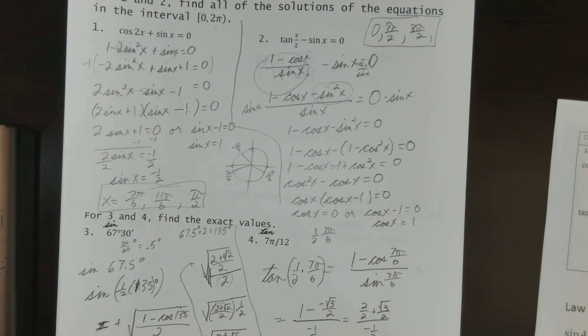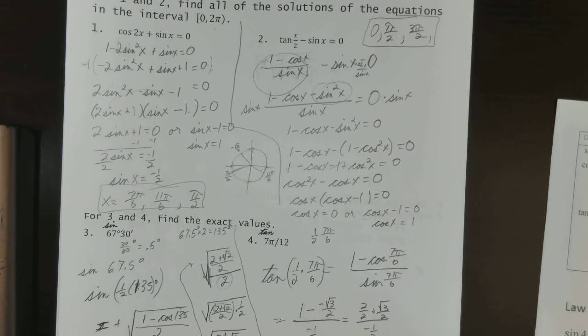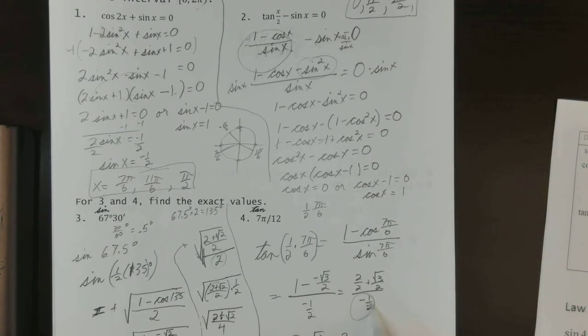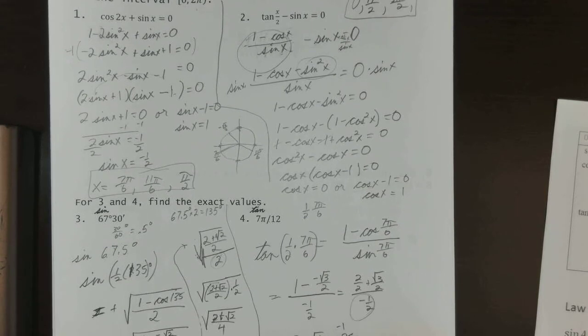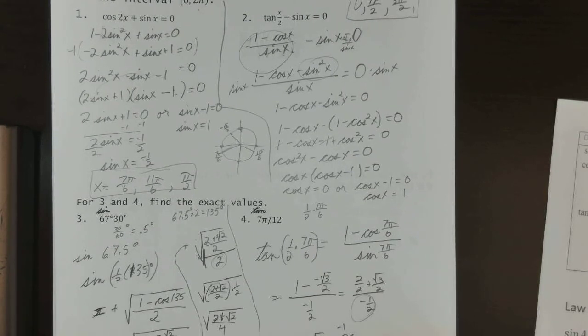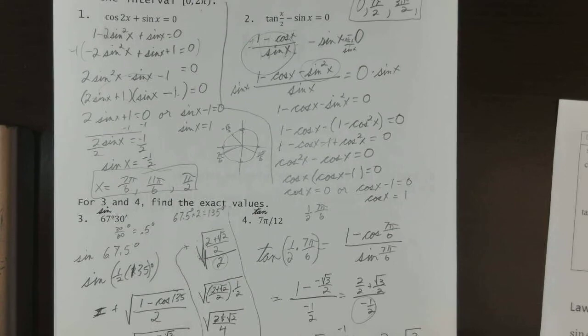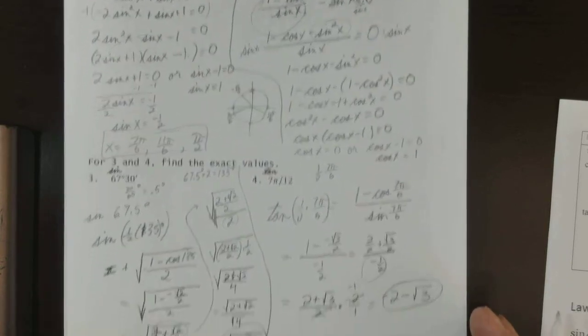And now I'm looking at 2 plus the square root of 3 over 2 times, it's like dividing by 1/2, I'm going to multiply by negative 2 over 1. And I'm going to cancel that 2 with that 2. Now I still have the negative, and the 1 is basically disappeared. So I'm going to distribute. Negative 2 minus the square root of 3 for my exact answer there.